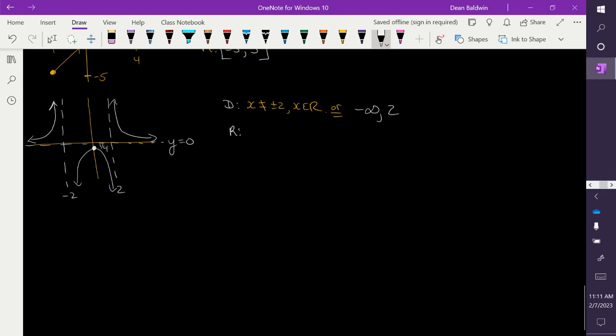So what bracket am I putting around it? Parentheses or a rounded bracket. Can it be -2? No, so we put a rounded bracket. Then it skips over -2, and then it's anything between these two numbers, right? So how do I represent that in interval notation? Yeah. So then it's a round bracket. It's like that.